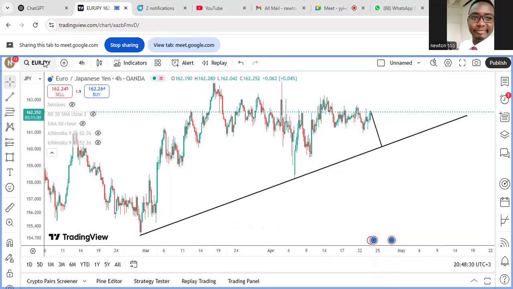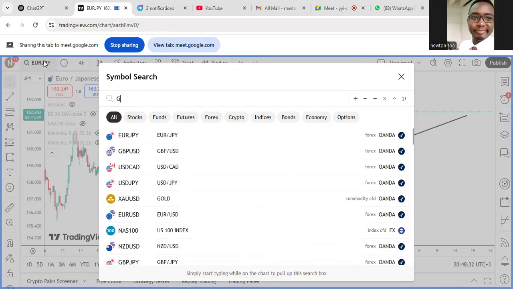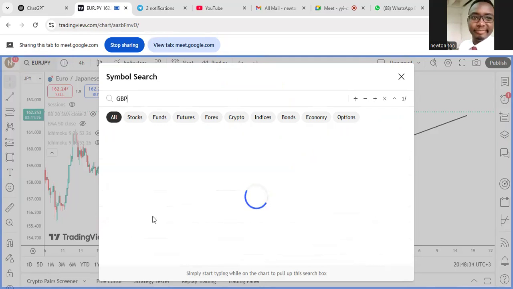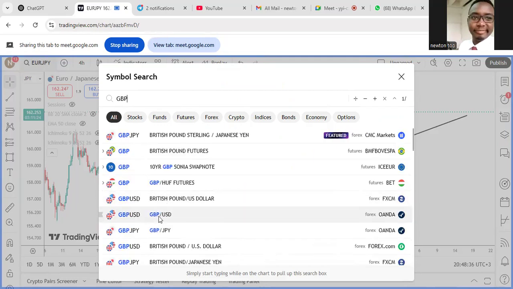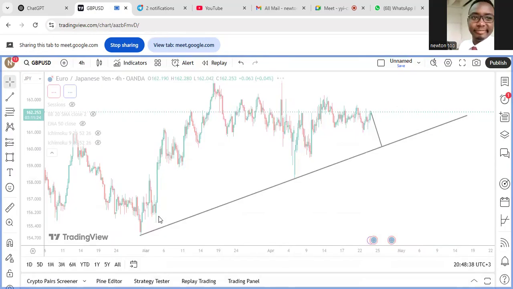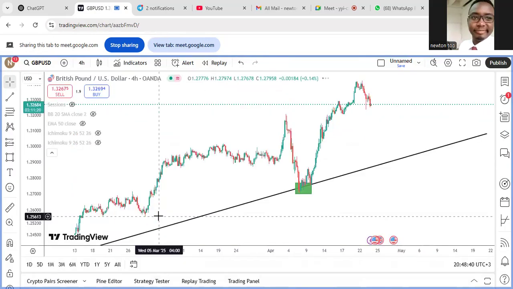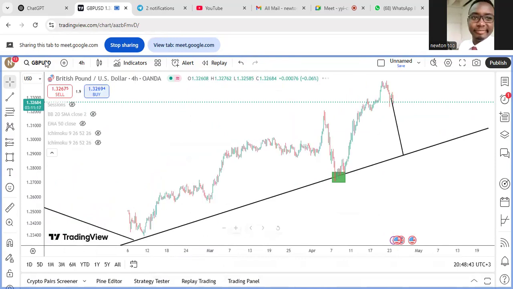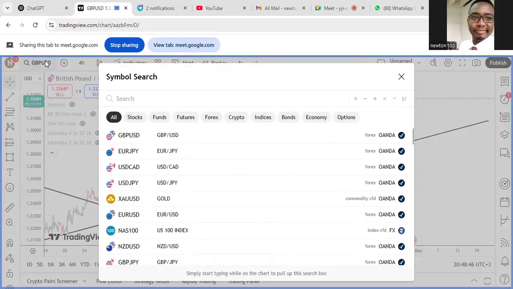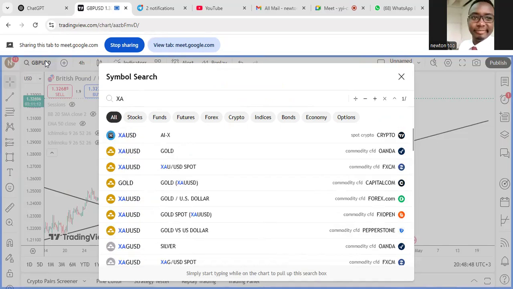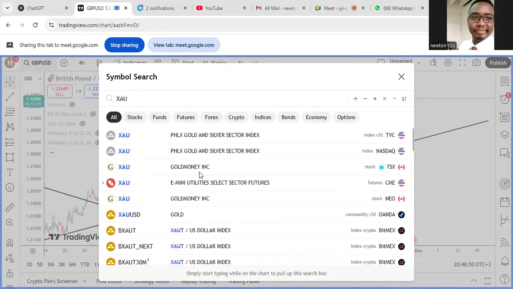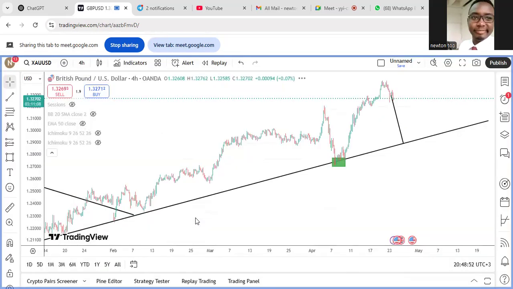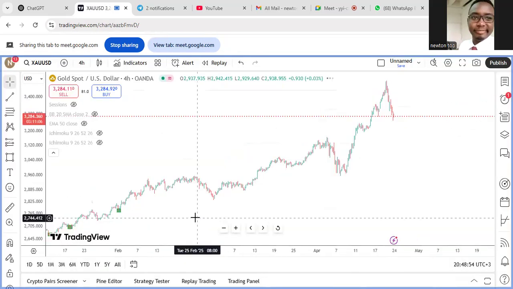Maybe let's finish with gold. Let me check gold, XAUUSD. So easy in analysis, you can draw it on a daily basis.